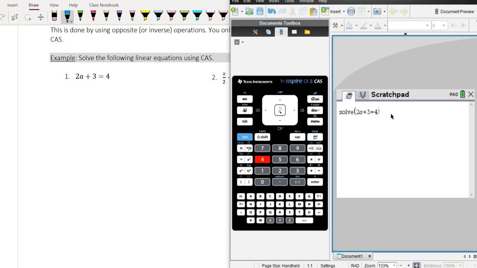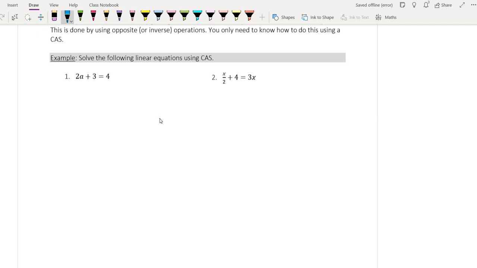And you follow it up by putting a comma there and writing the letter that you're trying to solve for. The letter we're trying to solve for here is a, so we write a at the end and press enter, and it will tell us what a is. So here a is going to be 0.5.